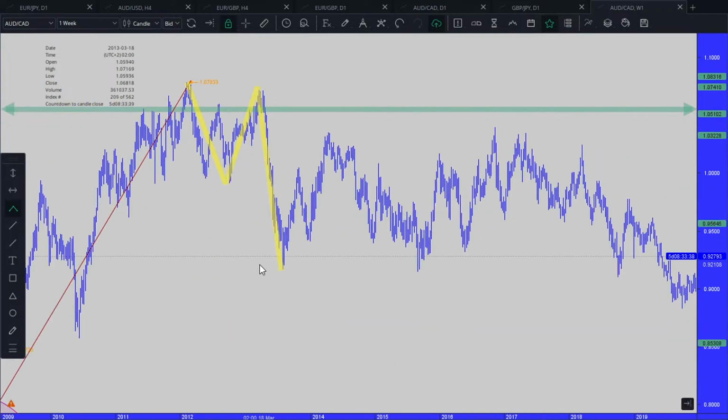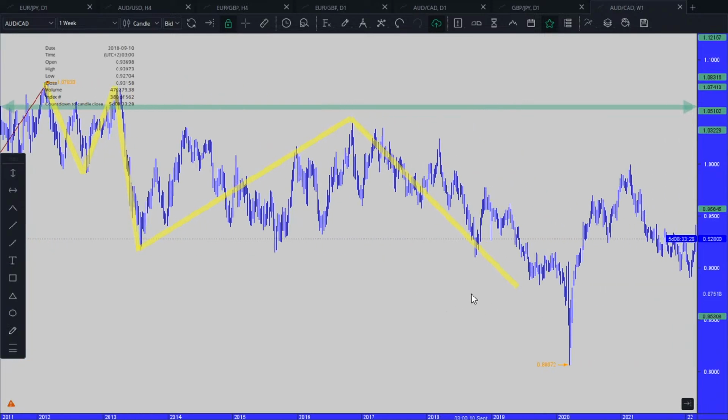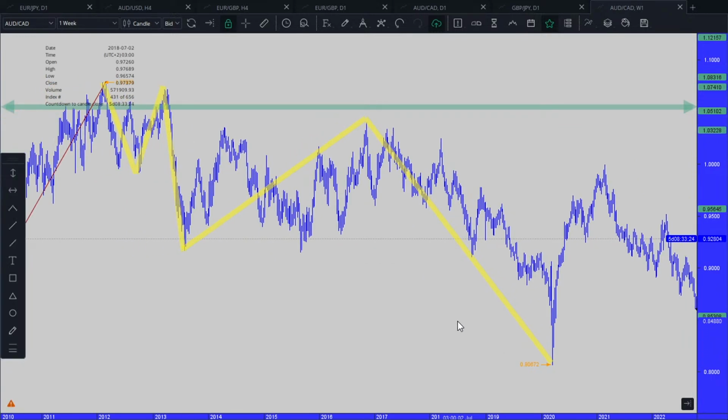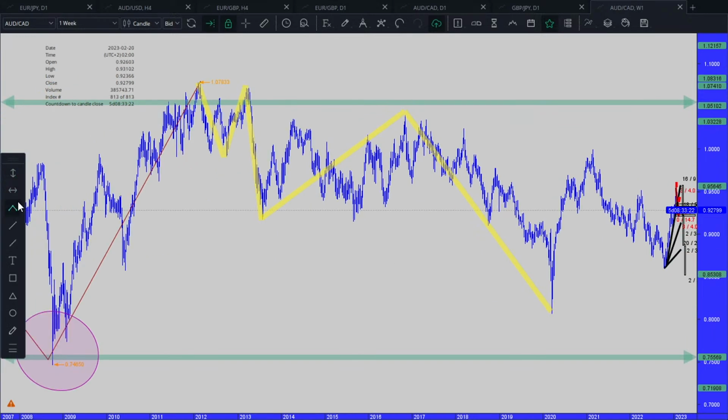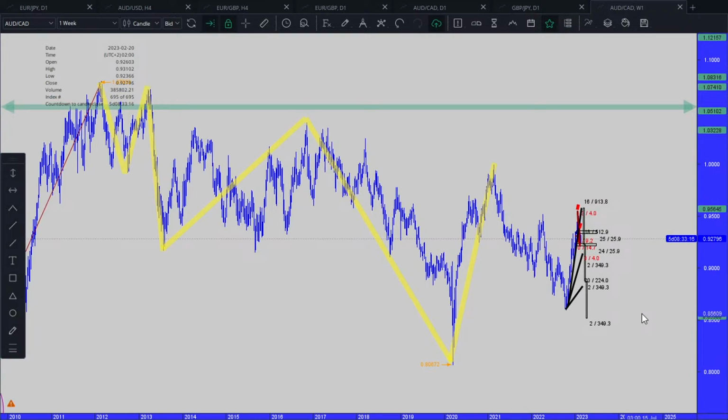Then see this huge consolidation. So retracement, extension goes to where? Down in here. This is the market wave on AUD weekly chart. Retracement. See everybody?